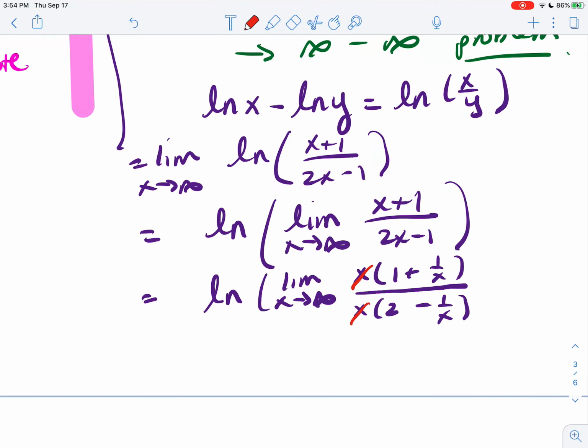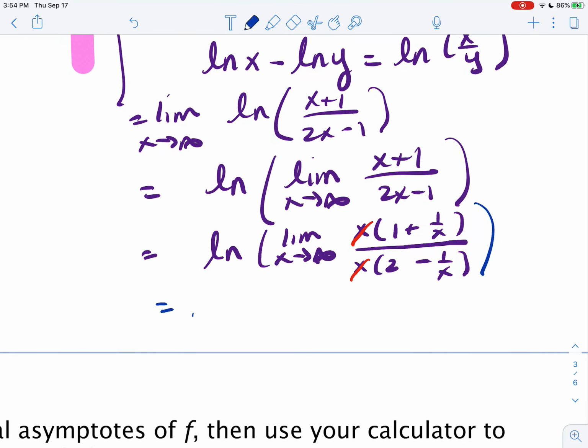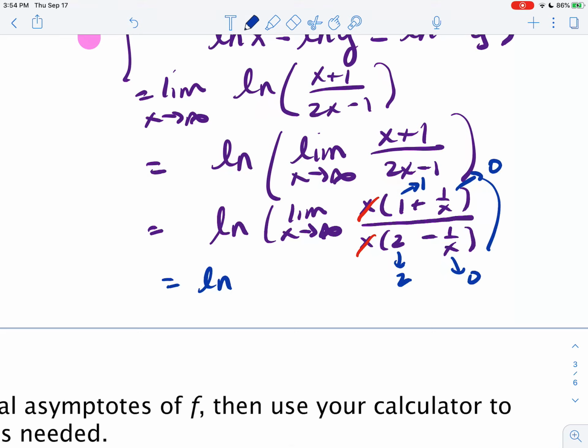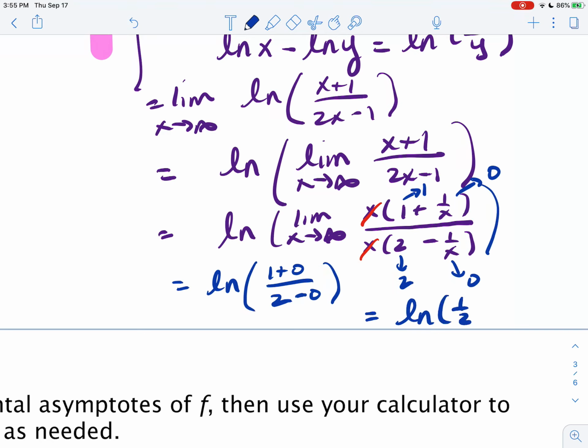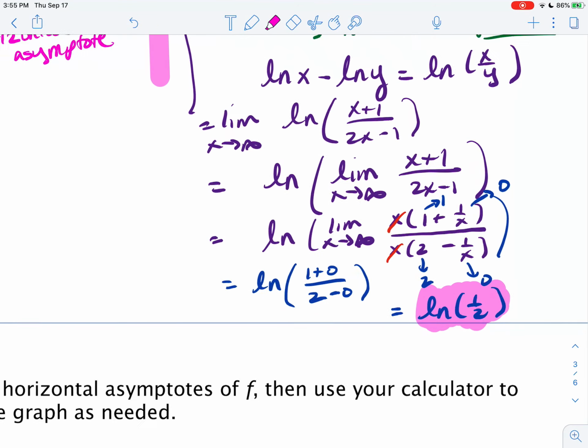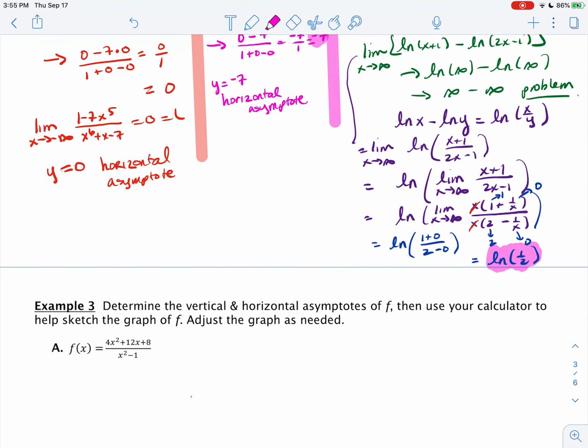I can cancel my common x's and then end up with ln of, and 1 is going to 1, 1 over x is going to 0, 2 is going to 2, and 1 over x is going to 0. So this is going to the ln of 1 plus 0 over 2 minus 0, and that's going to the ln of 1/2. So that's going to be our horizontal asymptote there.